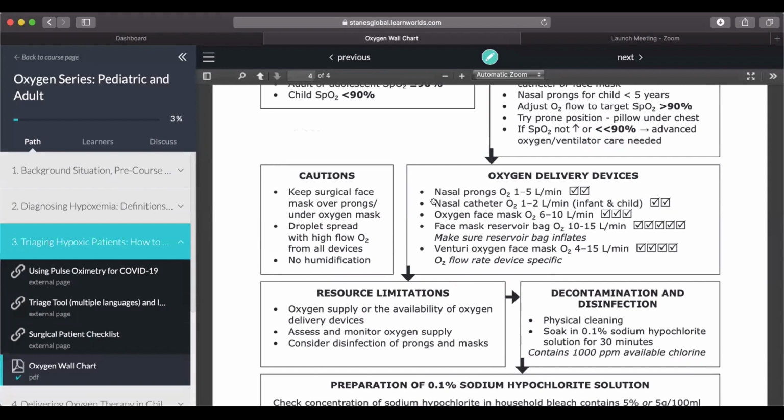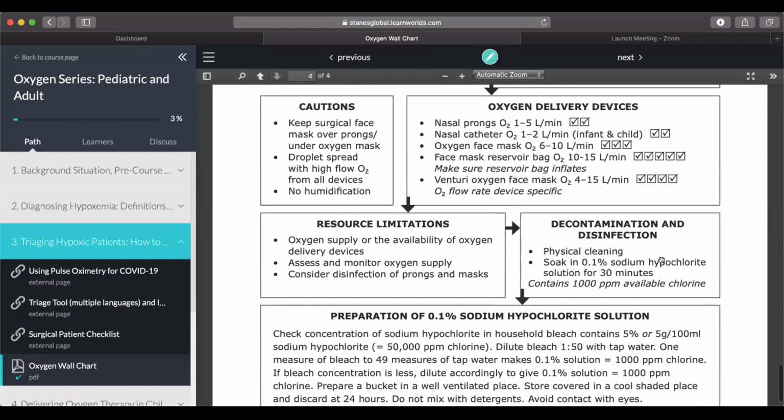More oxygen can be delivered using an oxygen face mask or a reservoir bag, non-rebreather, or a Venturi mask, whichever is available. Recognizing that the flows are limited on these to 10 to 15 liters per minute. Once you start to deliver oxygen at that high of a level, you need to start thinking about a higher level of care.